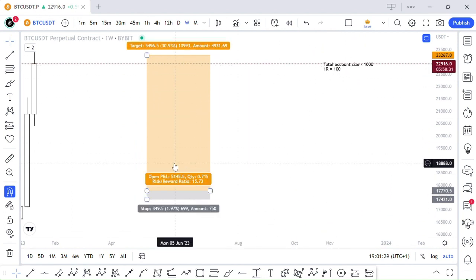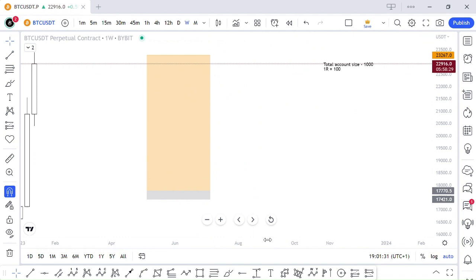Now, when we are taking a trade like this, our SL is 2%. Let's say we're taking this trade with $500.